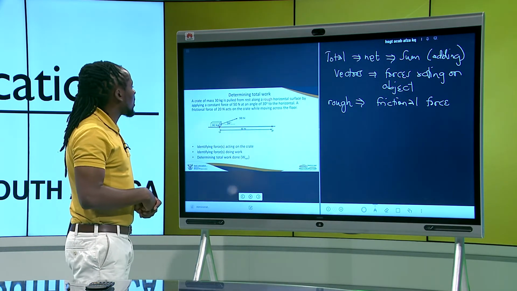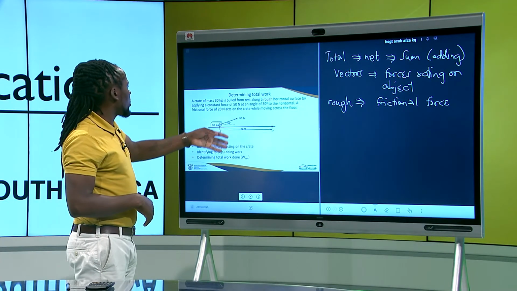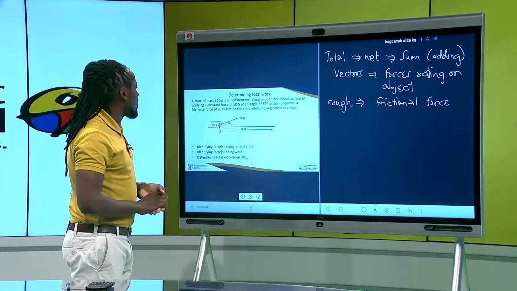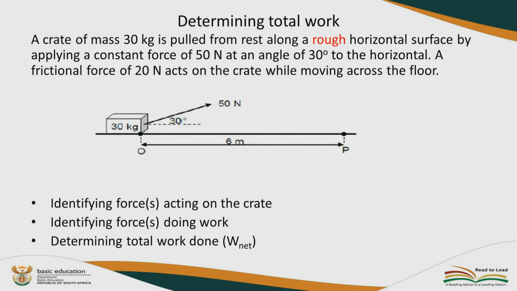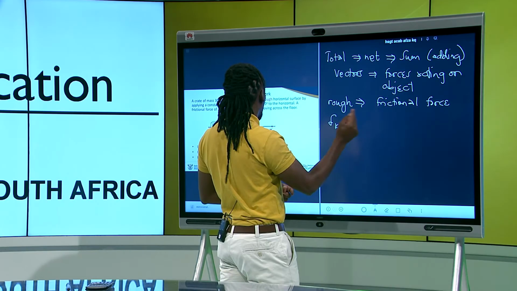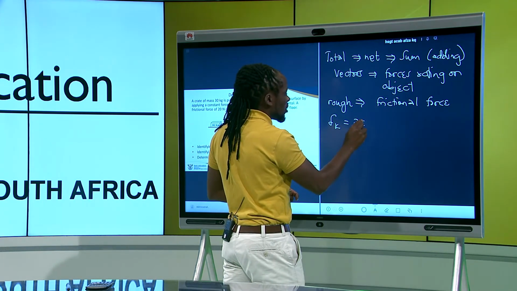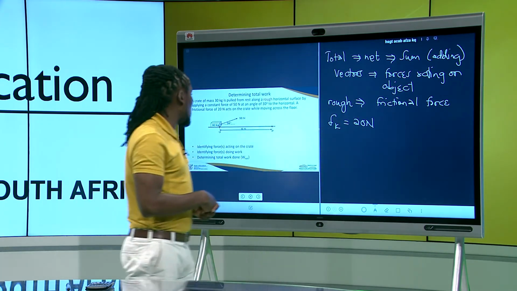We're told that the force acting on the object is 50 newtons, and it acts at an angle to the horizontal. Now, a frictional force of 20 newtons acts on the object. The kinetic frictional force given to us is 20 newtons. Take that into account as well.